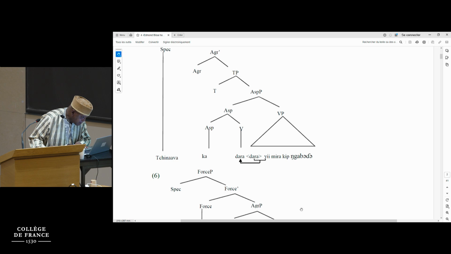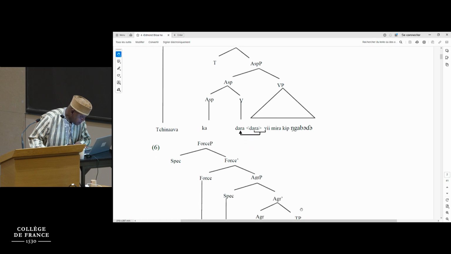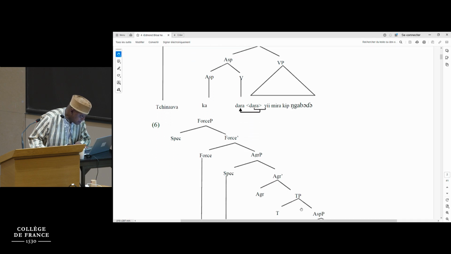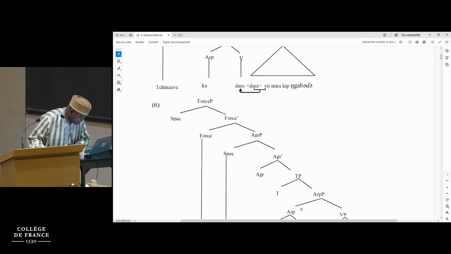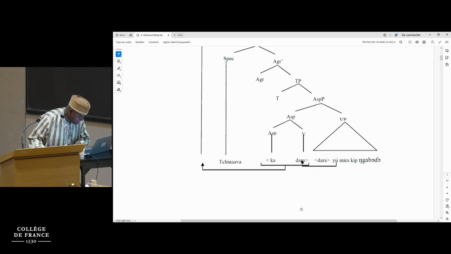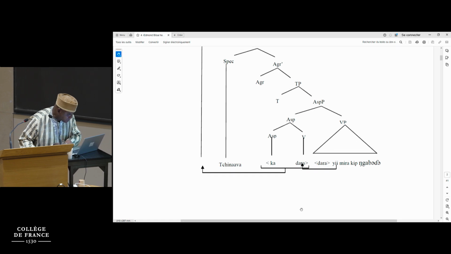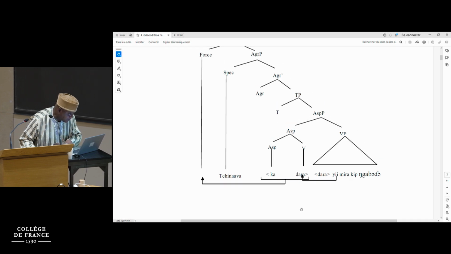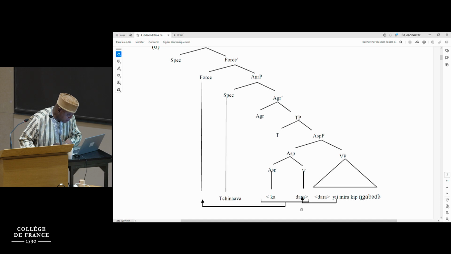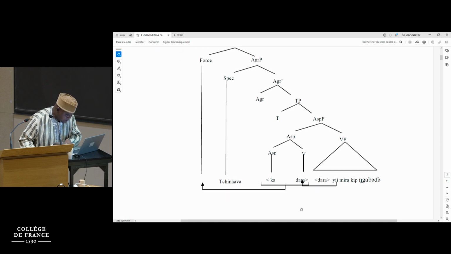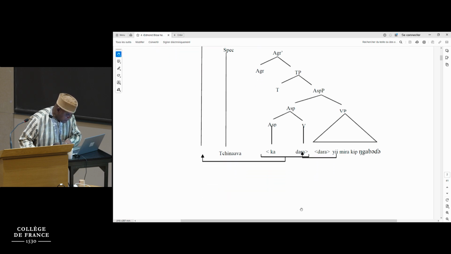And then we assume that the newly created unit, kadara, is fronted and moves to Force 0. That position is likely to change.